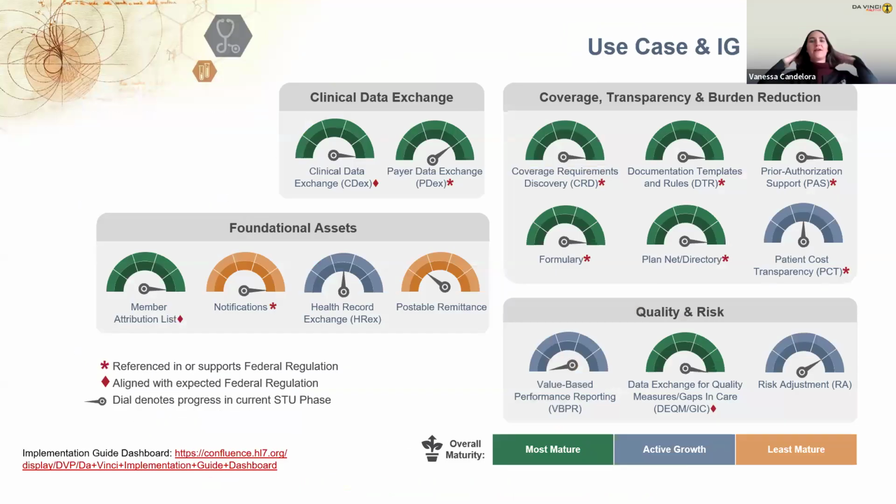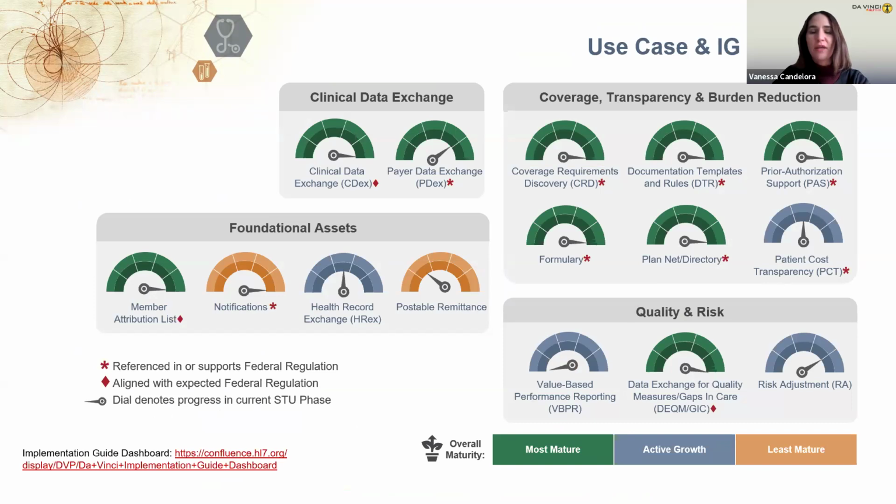So this is a view, and I'll cover this really quickly, but you can see Da Vinci has a lot of different implementation guides that are each targeted towards a specific business problem or use case, and they can work together in collaboration. So for example, in the top right corner is our coverage, transparency, and burden reduction.